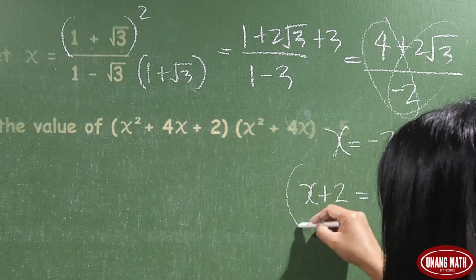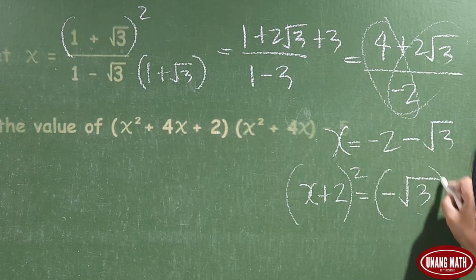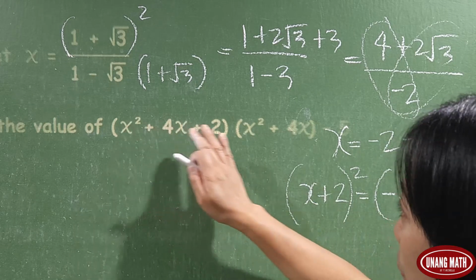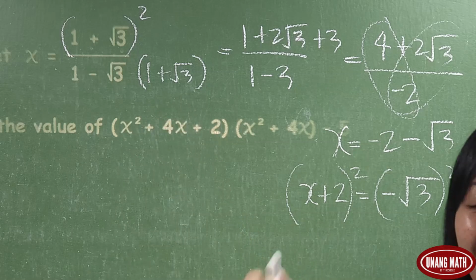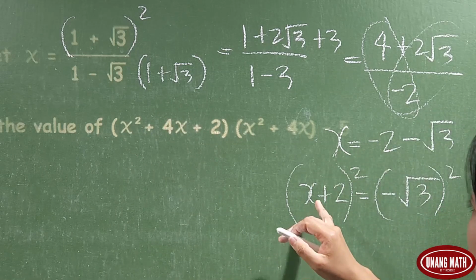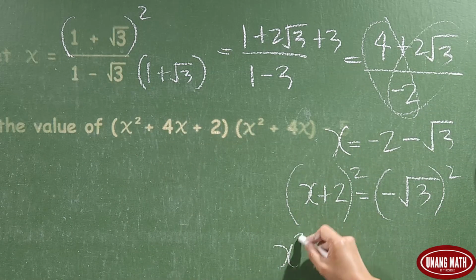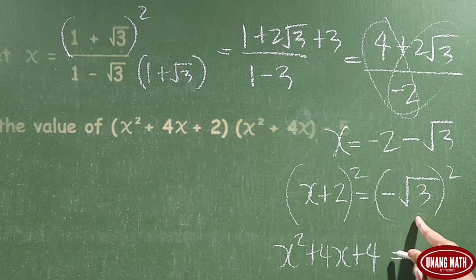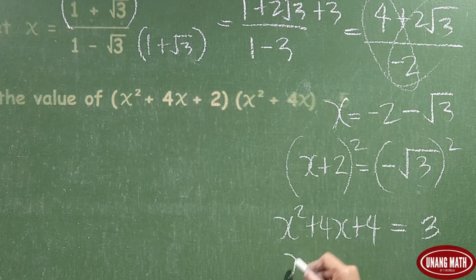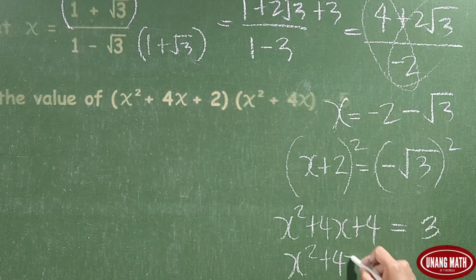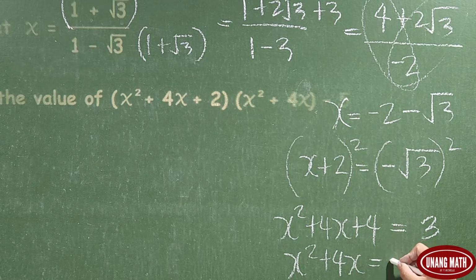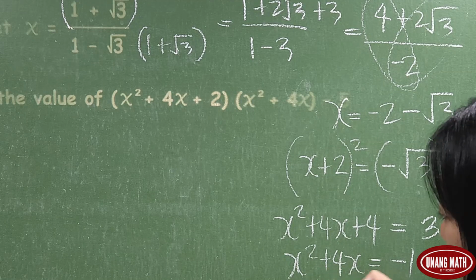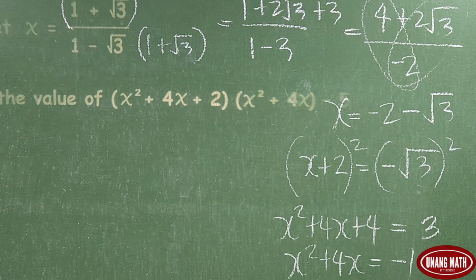And then we will be squaring both sides, because take note, we're looking for a quadratic expression. So this is then x squared plus 4x plus 4, and this is equal to 3. So x squared plus 4x is equal to 3 minus 4, which is equal to negative 1. So x squared plus 4x is negative 1.